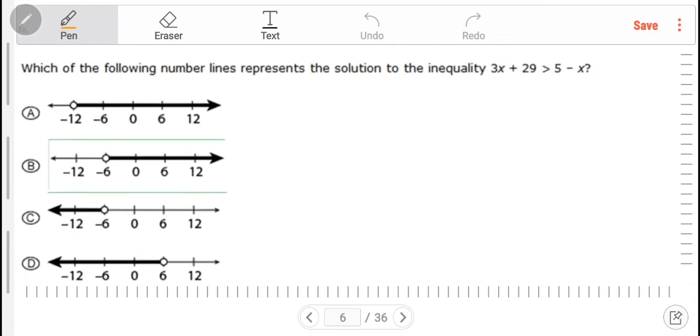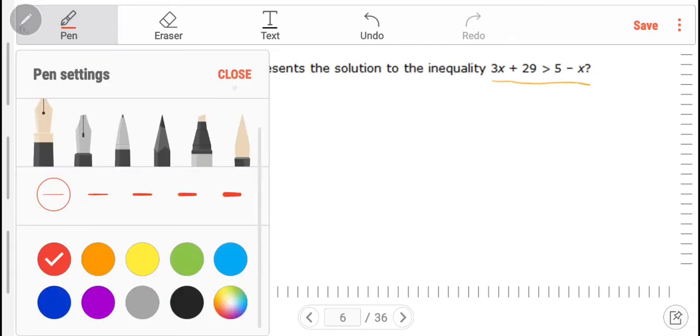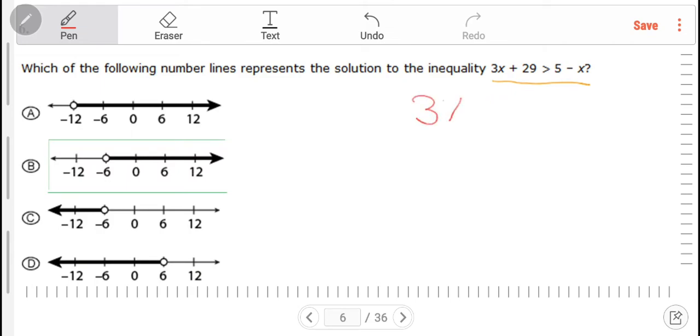This inequality we can rewrite as 3x plus x greater than 5 minus 29. We have to reverse the variable and the numeral in both sides. 29 on the left-hand side becomes minus 29 on the right-hand side, and 5 as it is.